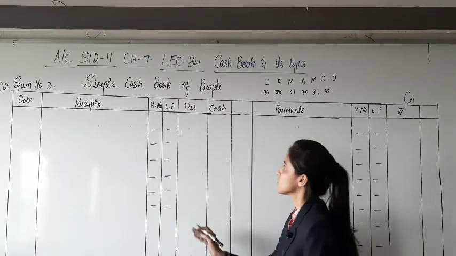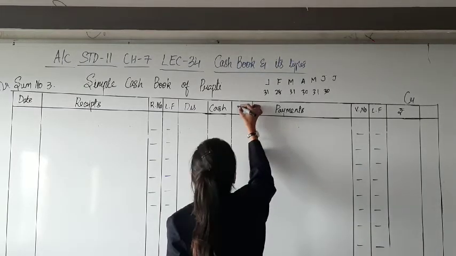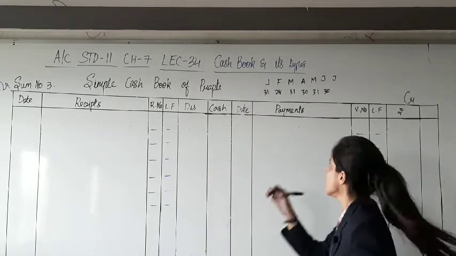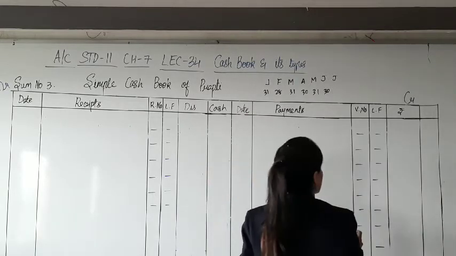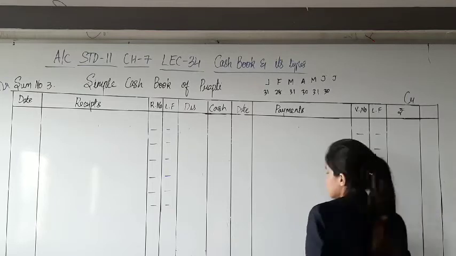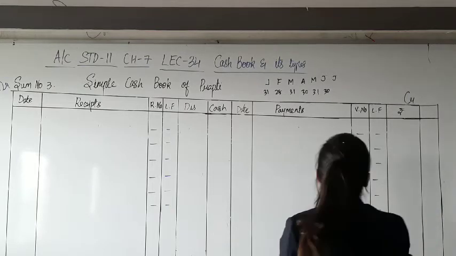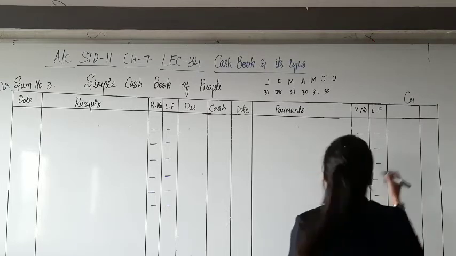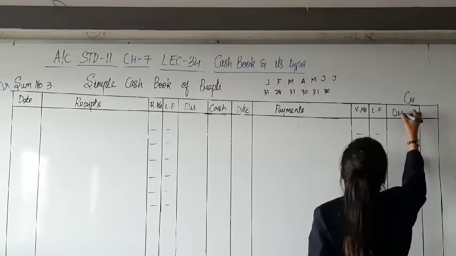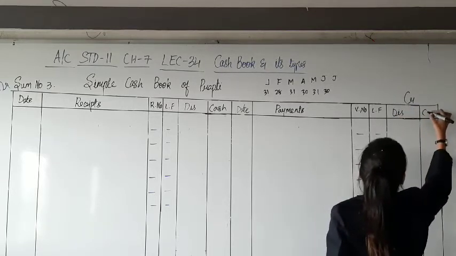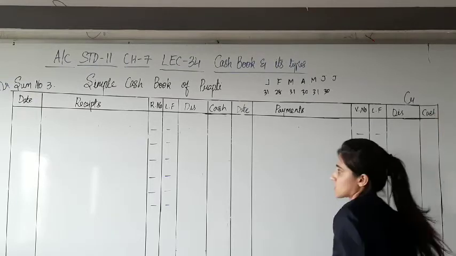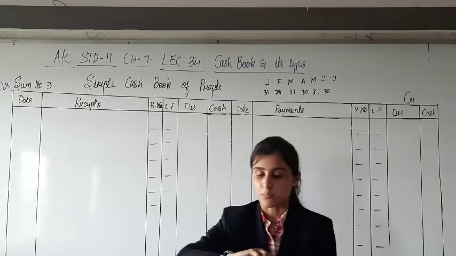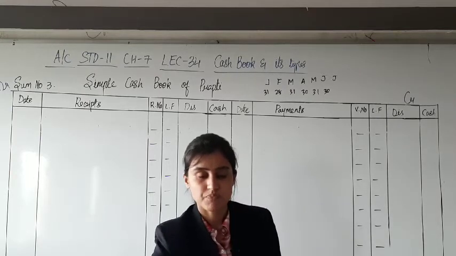One side is over. The next side again: date, payments, voucher number, LF, then we have discount, and cash. So this way we have modified this format.